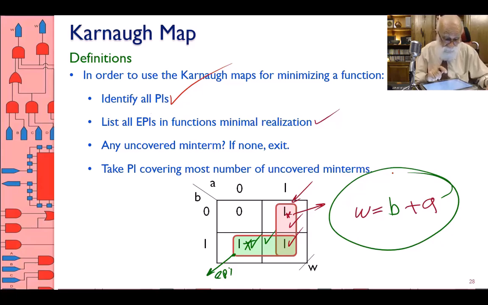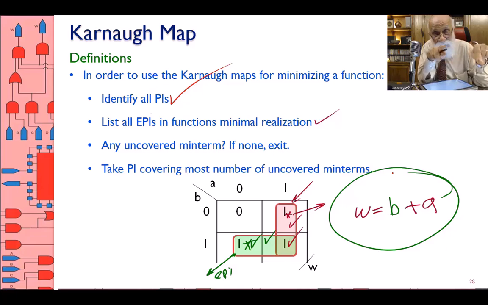But then you say, what if you do all the essentials and then you find a mean term not covered by any of the essentials? And then you go into your prime implicants. You say, well, I didn't use all the prime implicants. I only used the essential ones.